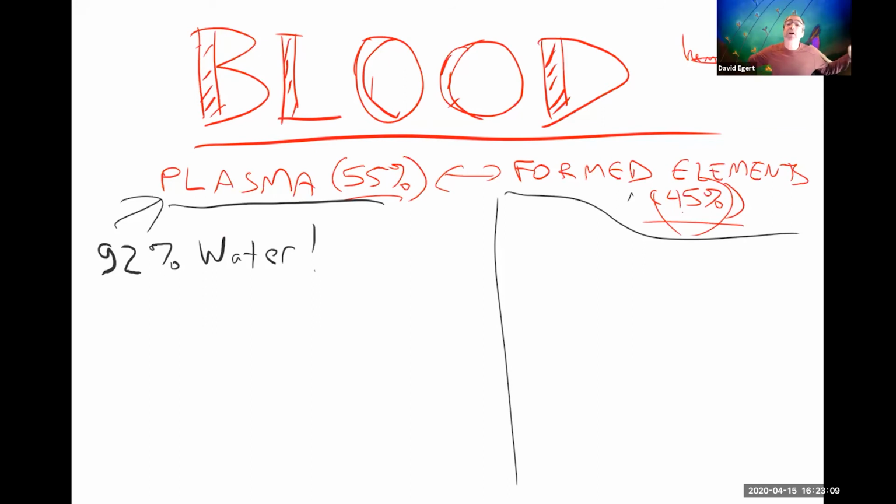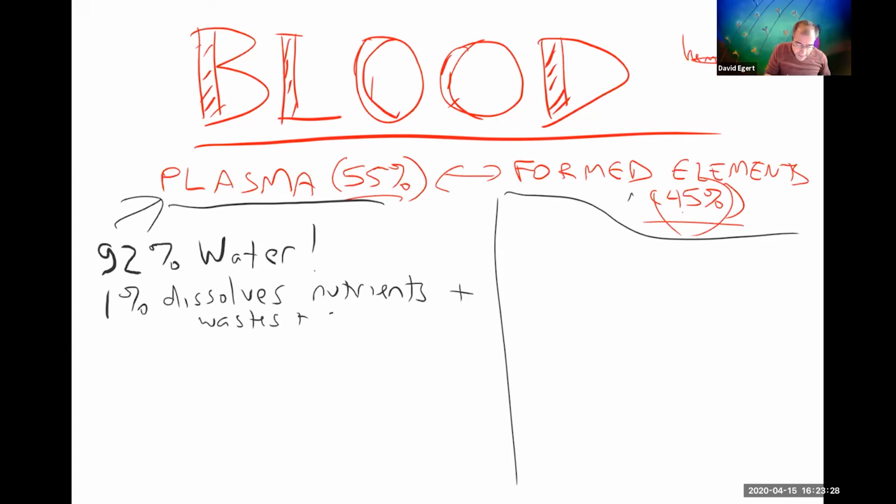Obviously, dissolved things, dissolved nutrients and wastes like sugars. You're just sending sugar, but those don't take a lot of volume. If we look at the total amount of dissolved nutrients and wastes and gases, it adds about another 1% of the overall volume. Nutrients, sugars. There are also going to be hormones. You're going to be picking up urea to get rid of.